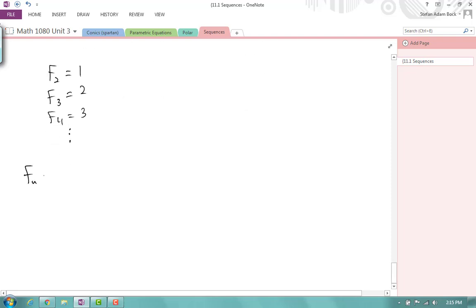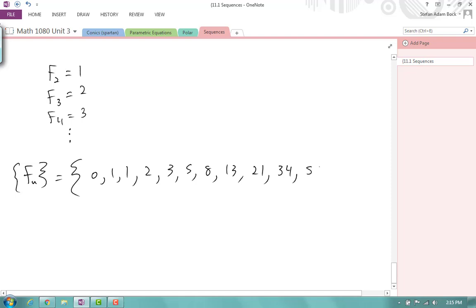So f sub n is equal to 0, 1, 1, 2, 3, 5, 8, 13, 21, 34, 55, 89, etc. And we can tweak this because all that determines these terms is really how you start.